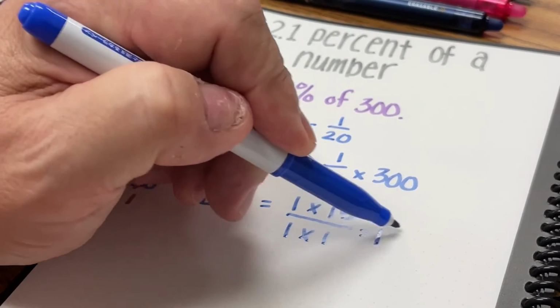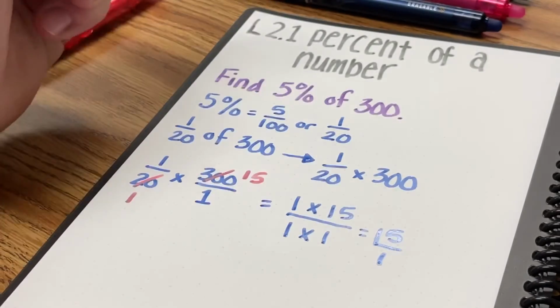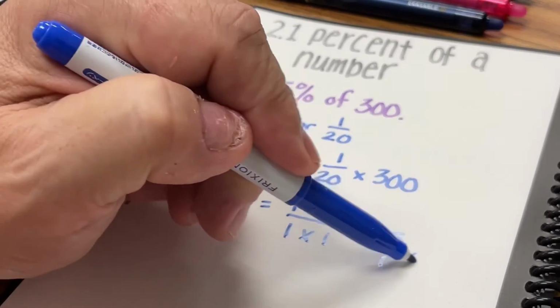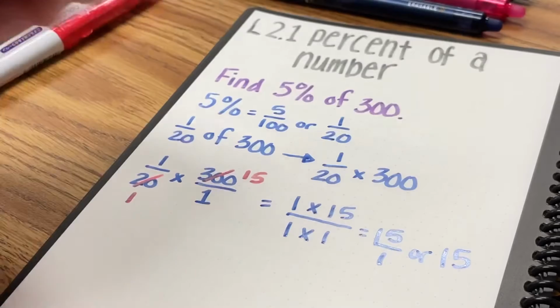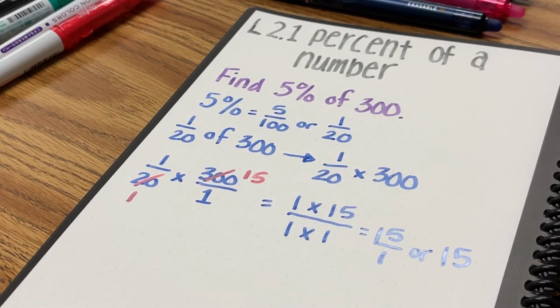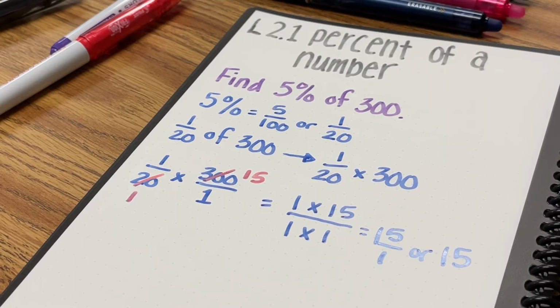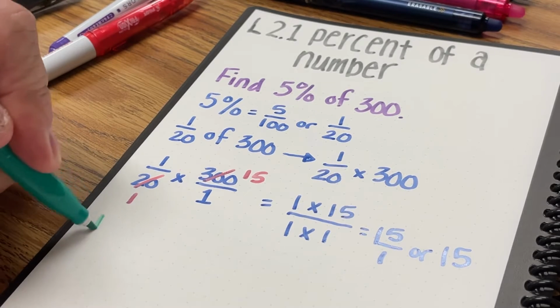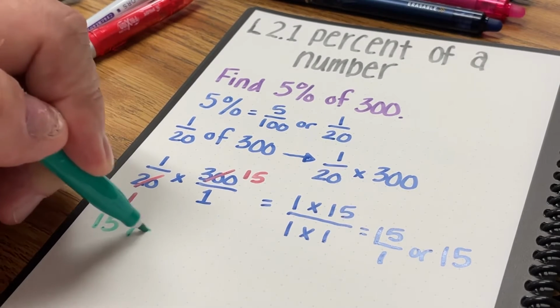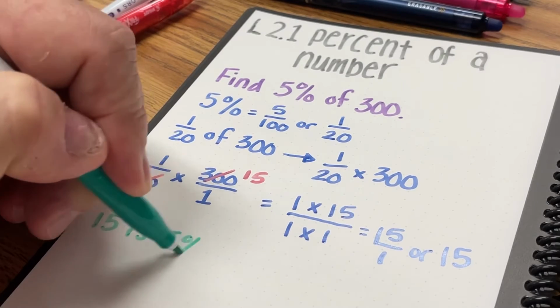Now as I multiply across, I get 15 over 1, or just 15. So that gives me 15 is 5% of 300.